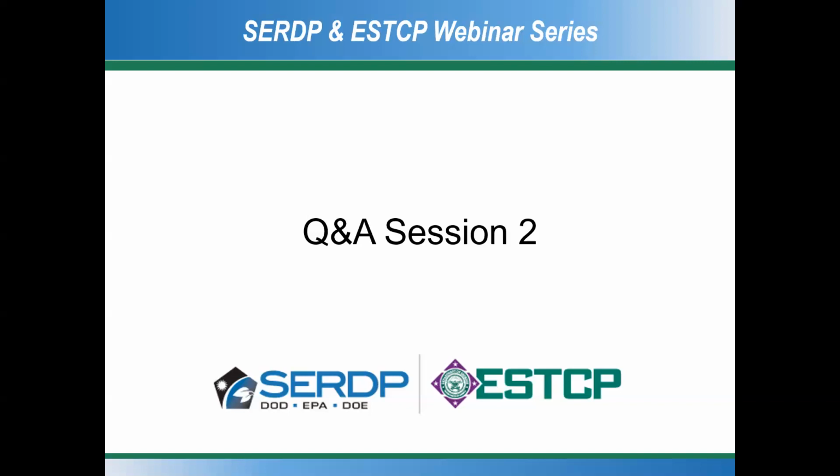You can still search from the ESTCP website under the Energy and Water program. There's a list of all these projects. You can look at the completed projects, look at the title and see anything that relates to advanced controls. You can then download the report from there as well.